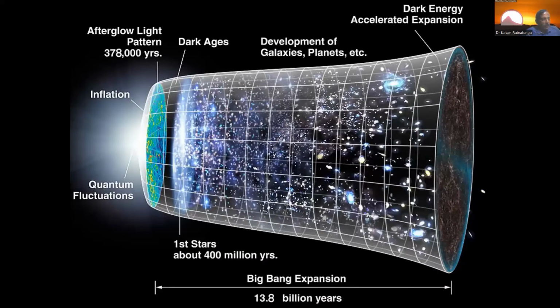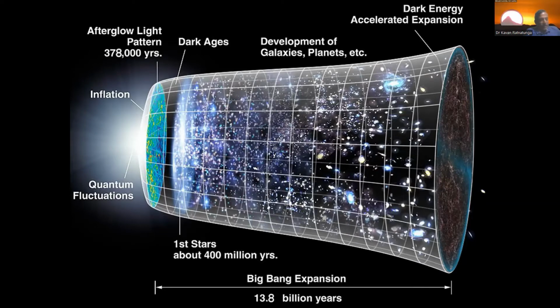We have the Big Bang at one end. There's something called inflation, which expanded the universe very rapidly in the first few seconds of the universe. Then we have the cosmic background radiation from about 378,000 years. And then we have the first stars coming about 400 million years from there.